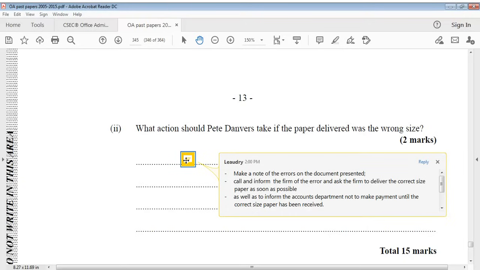Call and inform the firm of the error and ask the firm to deliver the correct size paper as soon as possible. 3. As well as inform the accounts department not to make payment until the correct size paper has been received. So those are 3 actions that Mr. Pete Danvers could take if he got the wrong paper size.